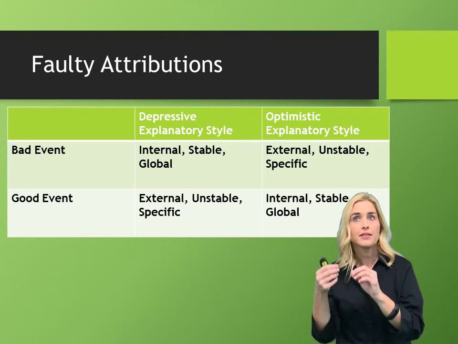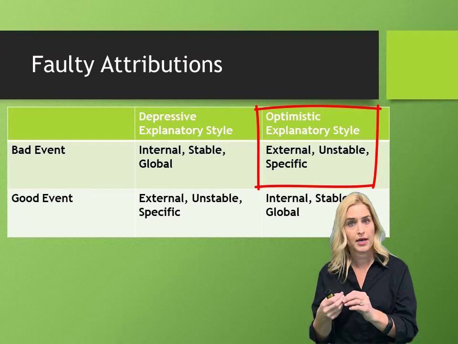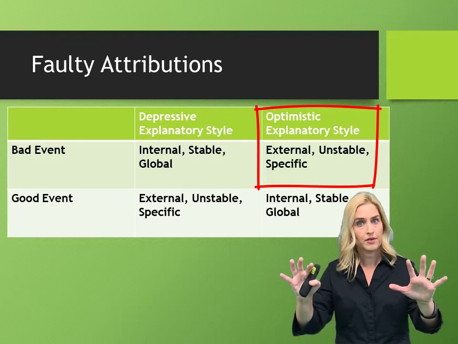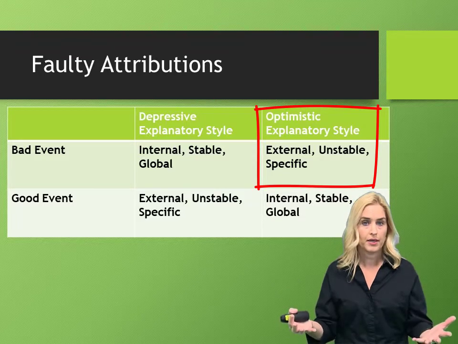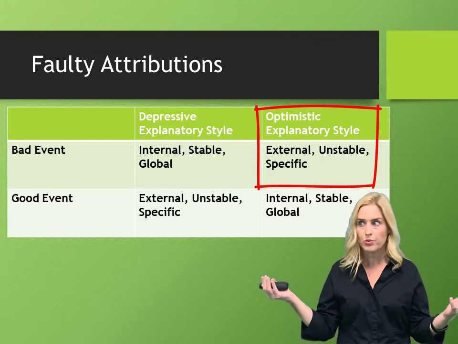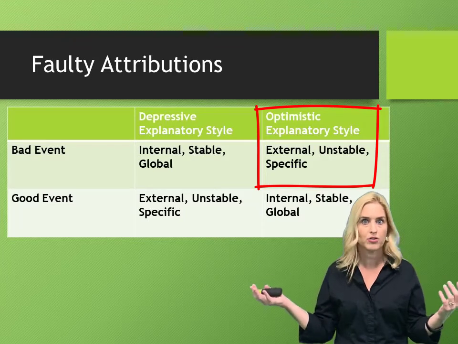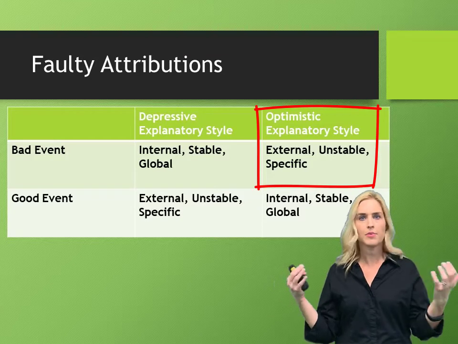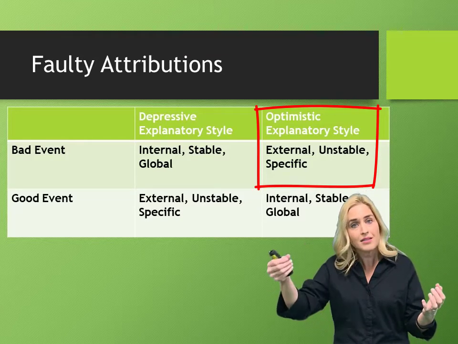Now, someone who has an optimistic explanatory style would see this as external, unstable, and specific. You walk out to the parking lot. Oh my gosh, look at all these cars. Everybody seems to have the same car. It's really hard for me to find my car when everybody's driving the same car. How weird, right? This isn't something that you typically see. So it's unstable.